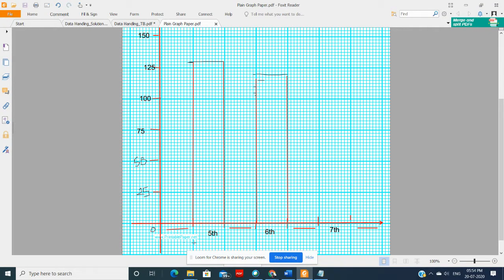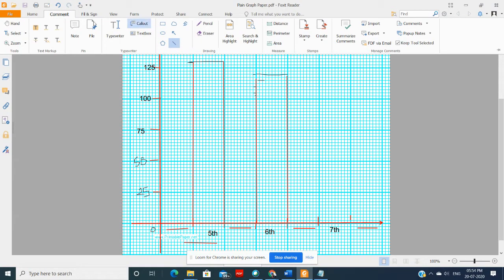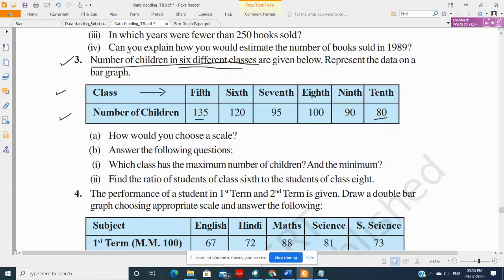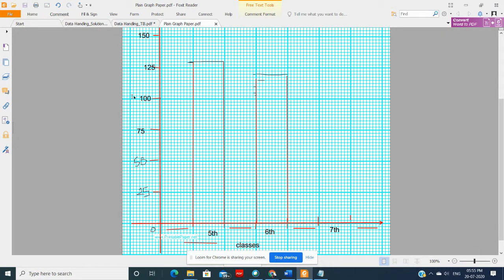Here you need to write down that these are the classes. So I'll just write down here classes, 5th class, 6th class, and so on. And this is number of children. Okay, so here you can write number of children. All right, so this is how it is.